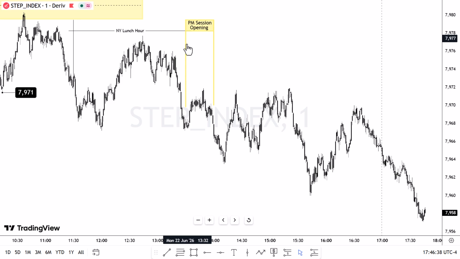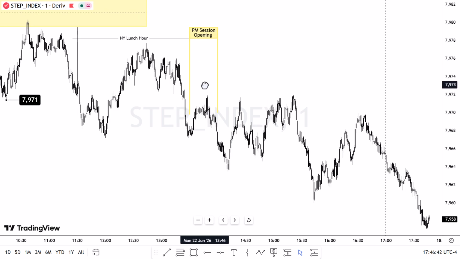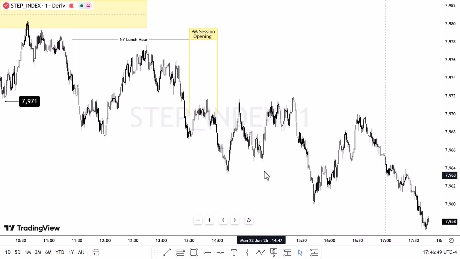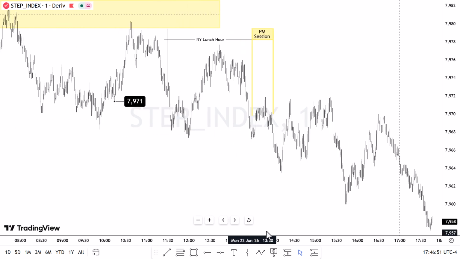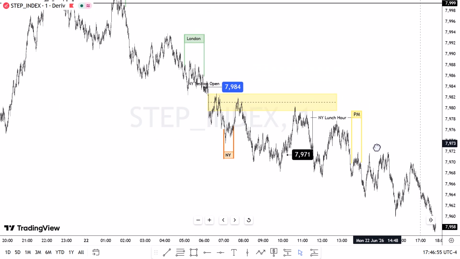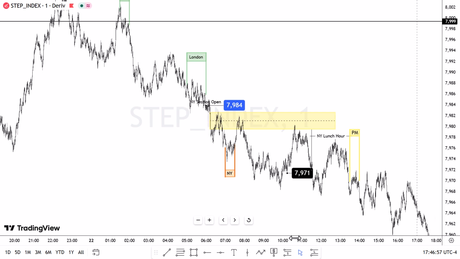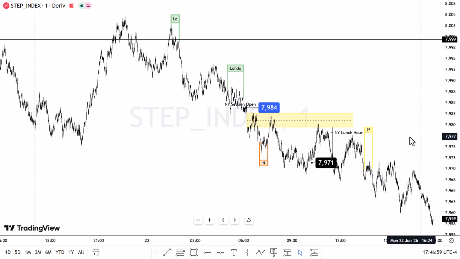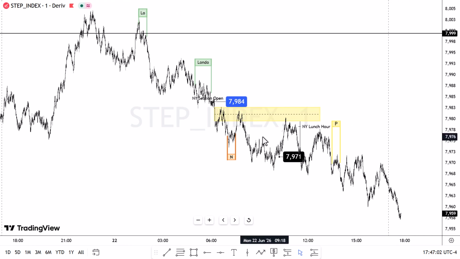And the last session of the day is the PM session. All right. So the PM session, this is when I will be available to trade. Now, if I unzoom a little bit, right? Today has been a bearish market.